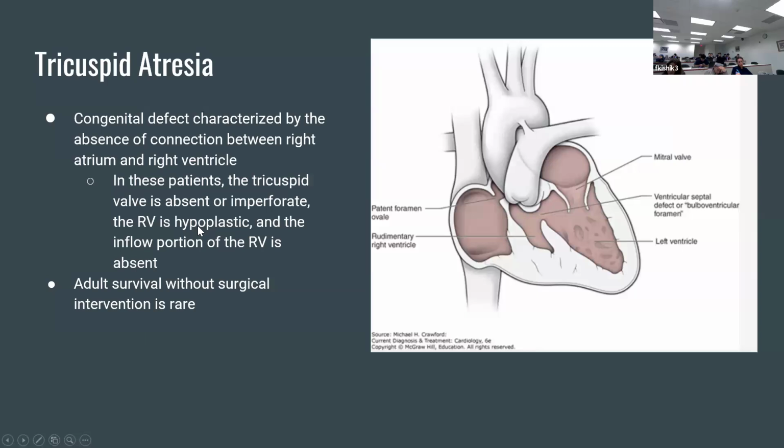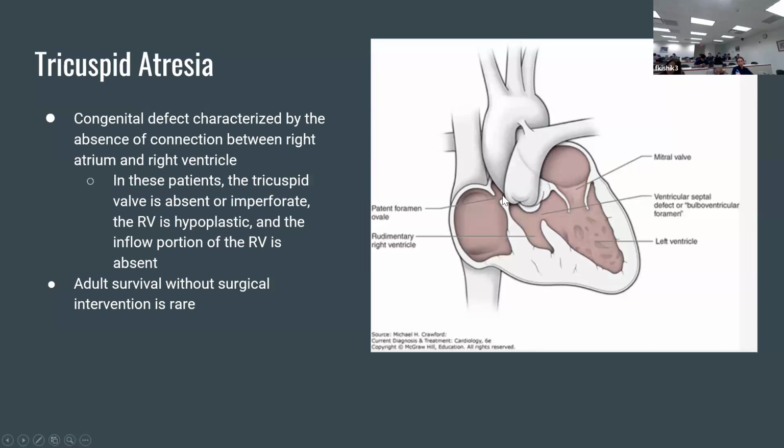So tricuspid atresia is a congenital defect characterized by the absence of connection between the right atrium and the right ventricle. So the tricuspid valve basically isn't there, and the RV is hypoplastic. And the inflow portion of the RV is also absent. So as an adult survivor, you can't survive this unless it's surgically corrected.